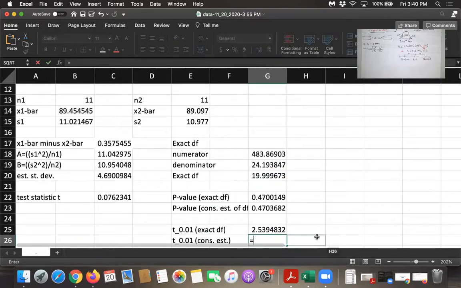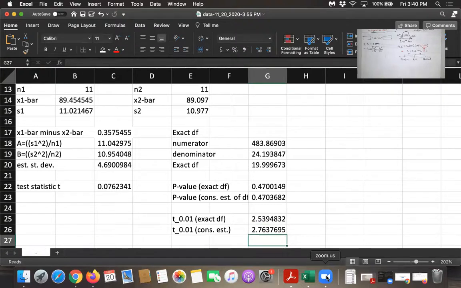Or we can do t dot inv, and we still want that probability of 0.99, and we could use the estimated degrees of freedom that is given by the minimum of 1 less than each sample size. We've got 2 values, and then you pick the minimum. And actually, that's a big difference in that t sub 0.01.